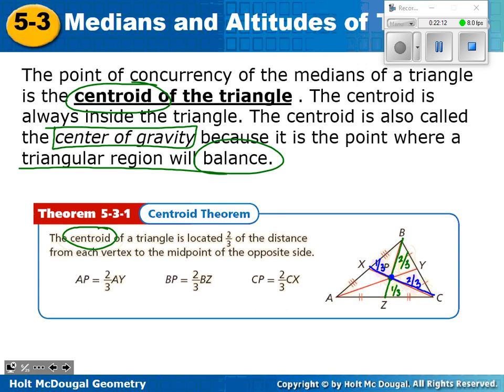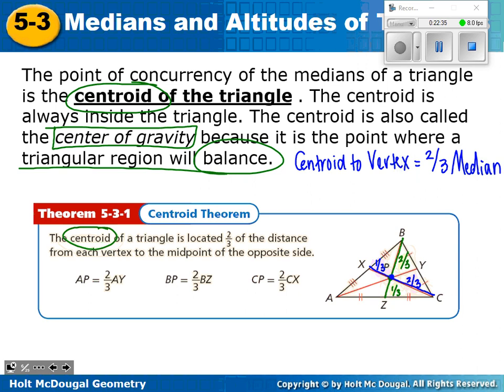So they say it kind of weird here. I'm going to write it different. If I were you, I would write this down. But it is the centroid to the vertex is equal to 2/3 of the median. So if you go from the centroid to the vertex, that's the 2/3 part.